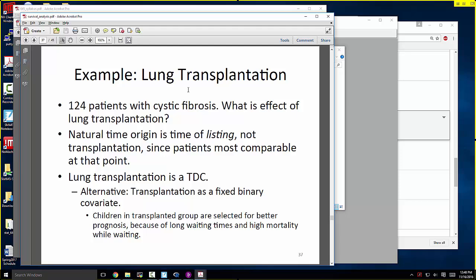One thing you could do is just redefine lung transplant as yes or no after the fact. So once we have collected all of our data on an individual, we could code that person's lung transplantation variable as yes if they got a transplant at any point during the study.